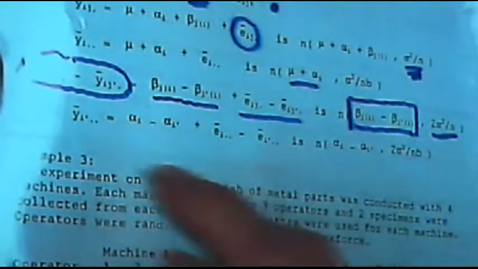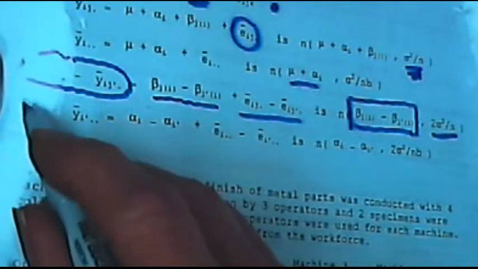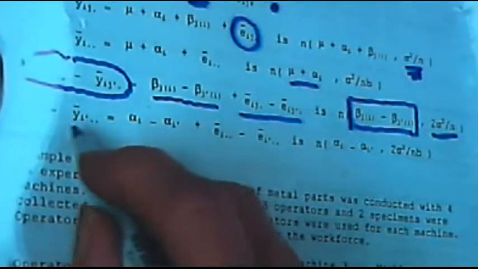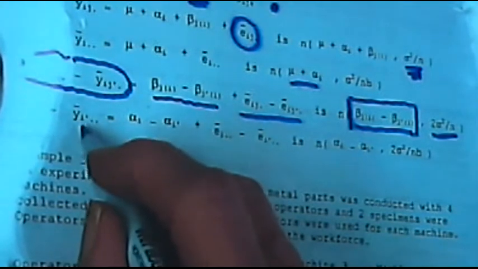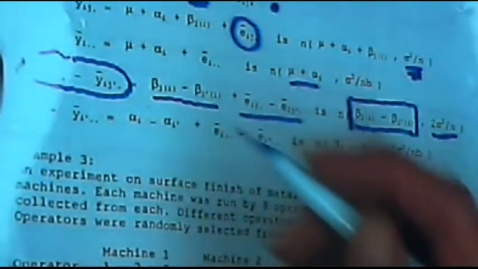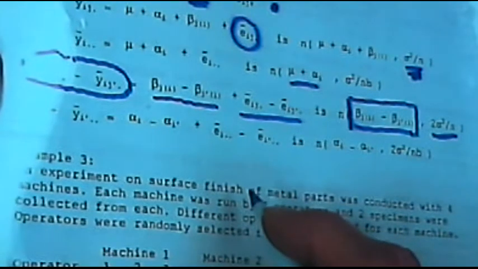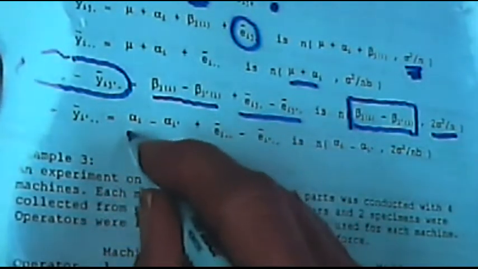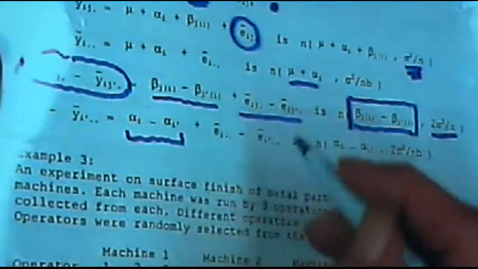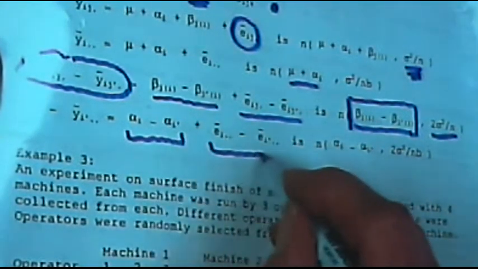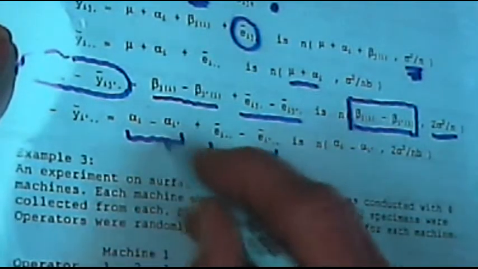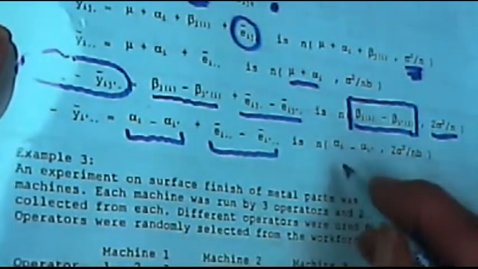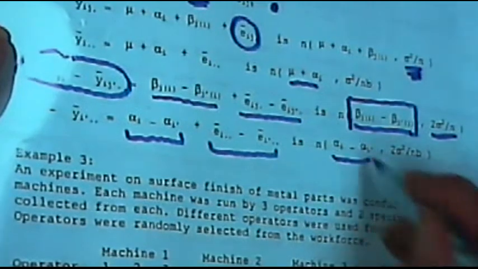Then a related one is the last line here, y bar I dot dot minus y bar I prime dot dot. So two different i's, I and I prime. So if we substitute in what we have, we get the difference of the two alphas and then the difference of the two e bars like that. Well, the difference of the two alphas is just a constant, so that carries over into the mean here.